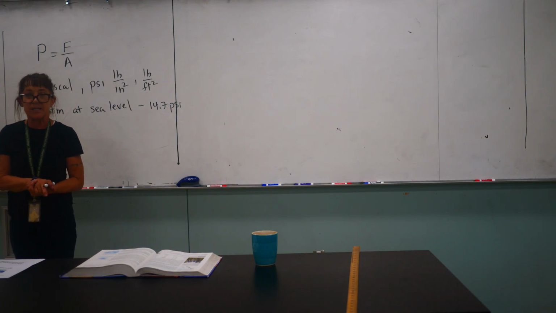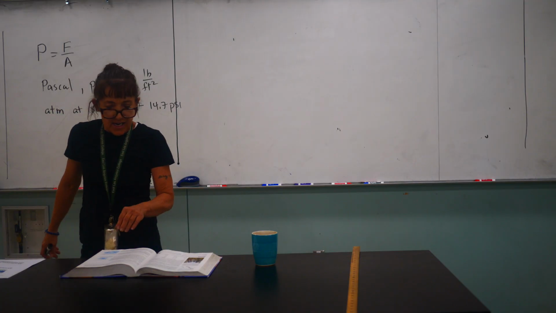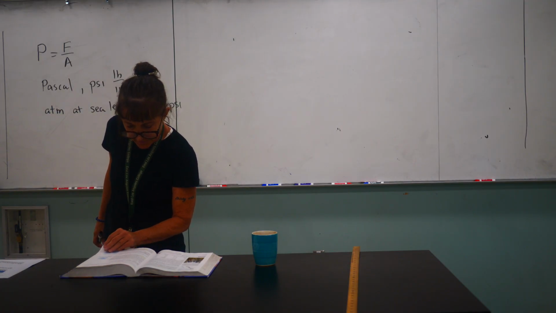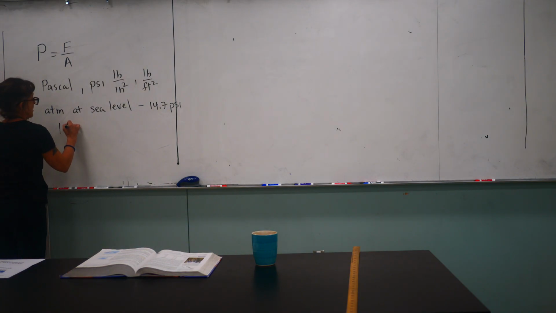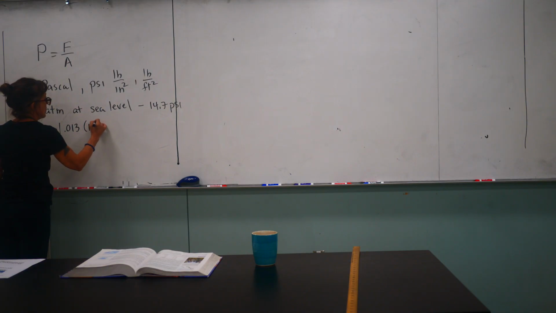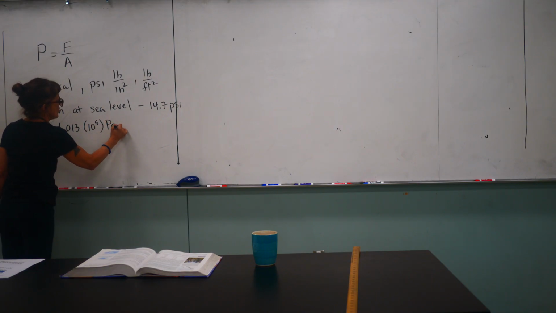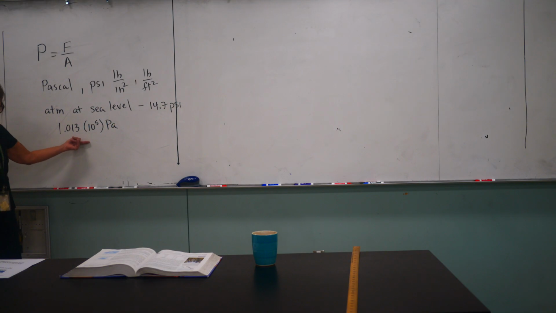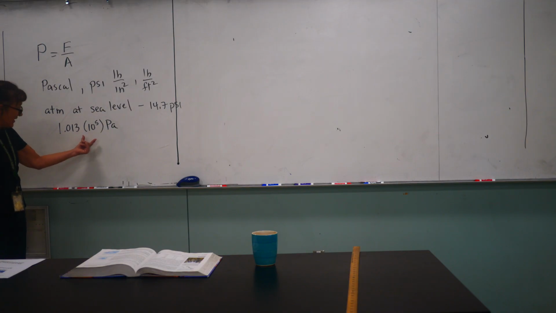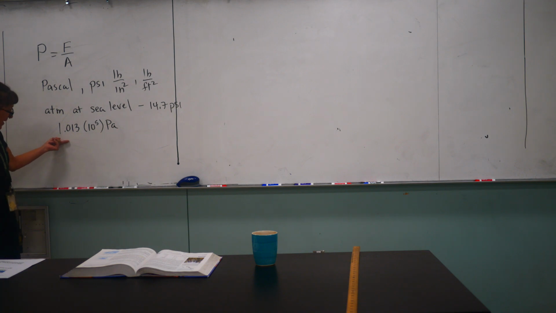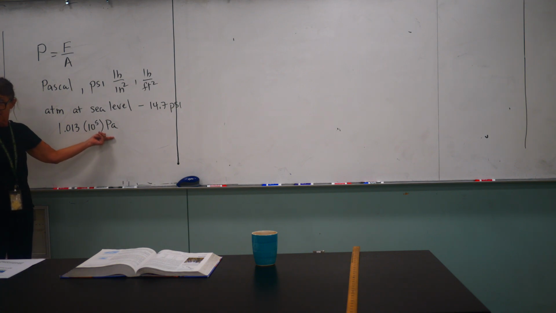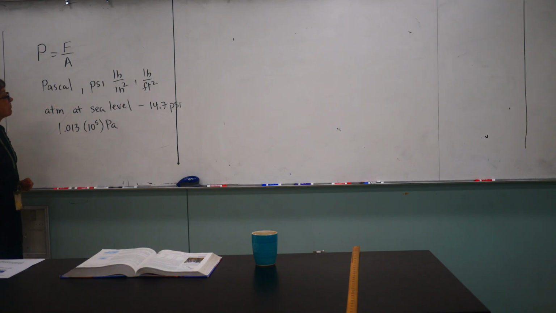Its value is 14.7 psi. It is 1.013 times 10 to the 5th pascals. Pascals is a pretty small unit. You see that? 10 to the 5th and 14.7 psi. So pascals is like the penny of units. Okay, it's very small.